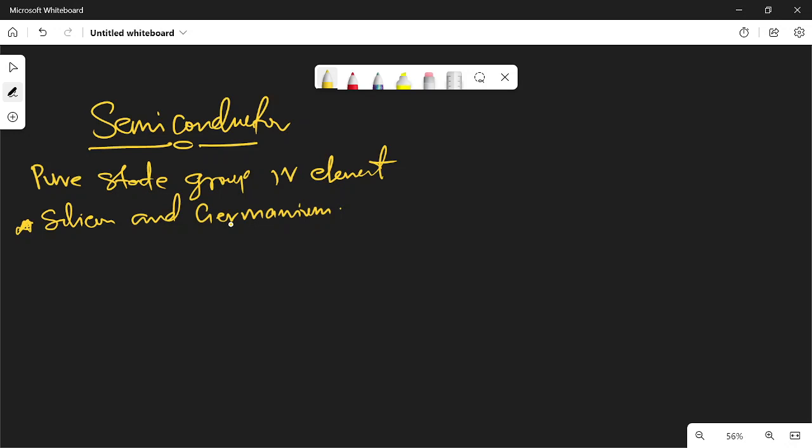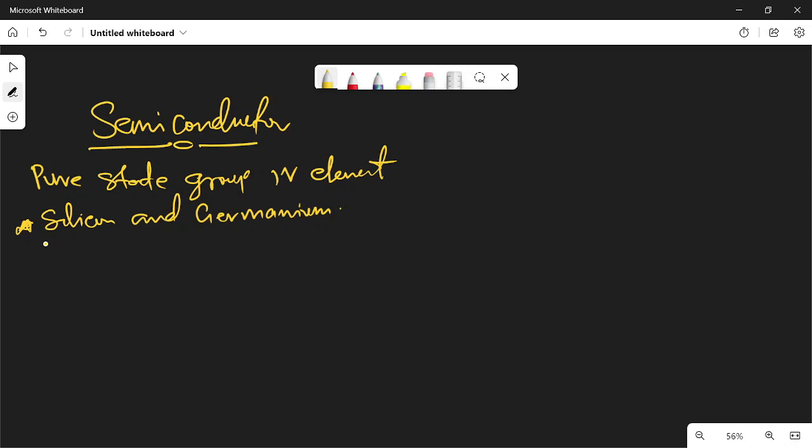Now, we all know that the group 4 elements exhibit what? They exhibit covalent bonding. Are we together now? Covalent bonding between their atoms. So that means they do not contain ions necessary for electrical conduction.